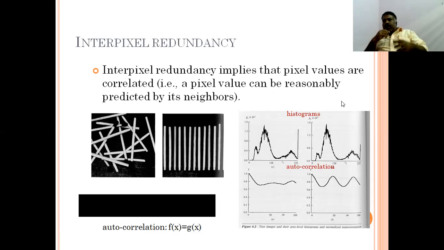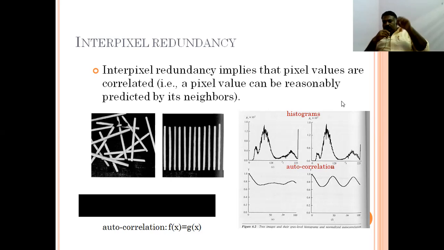So interpixel redundancy implies that pixel values are correlated. That means a pixel value can be reasonably predicted through its neighbors.